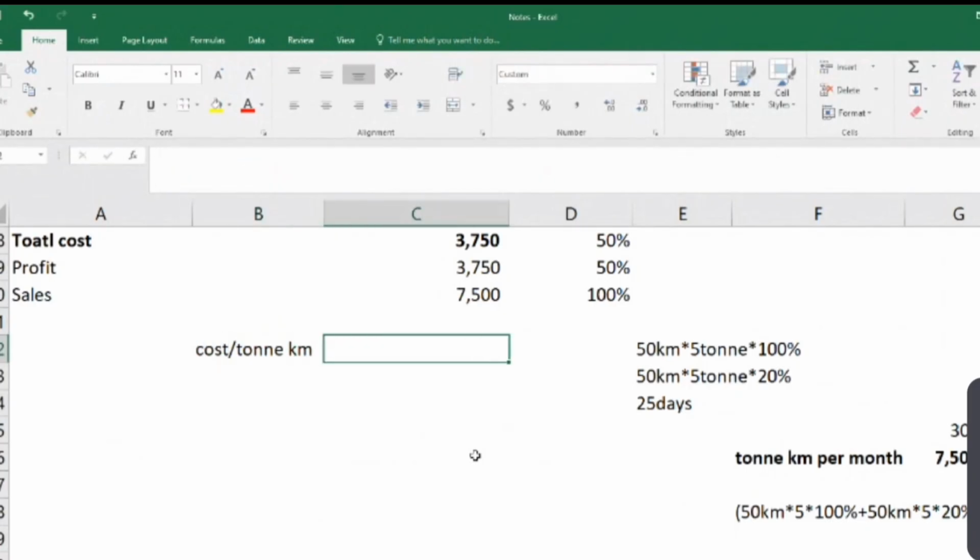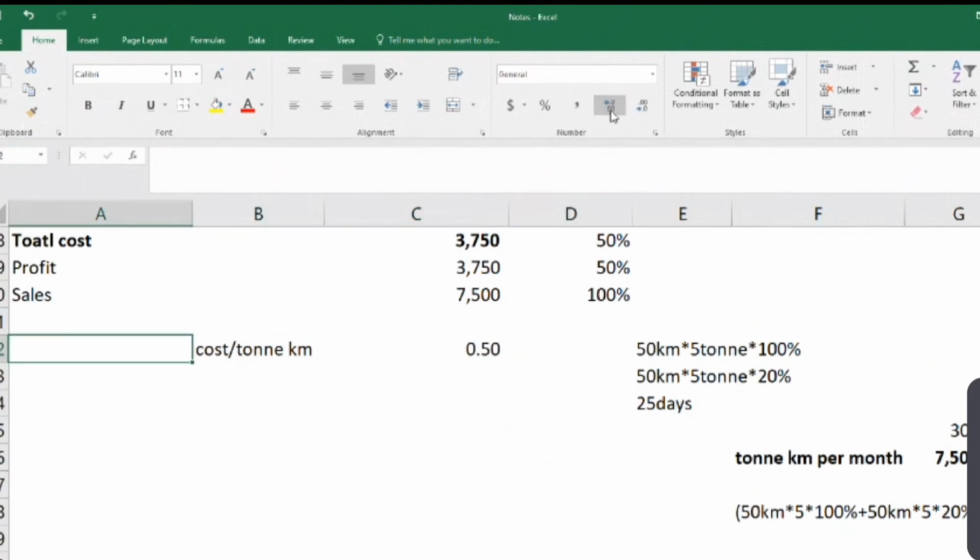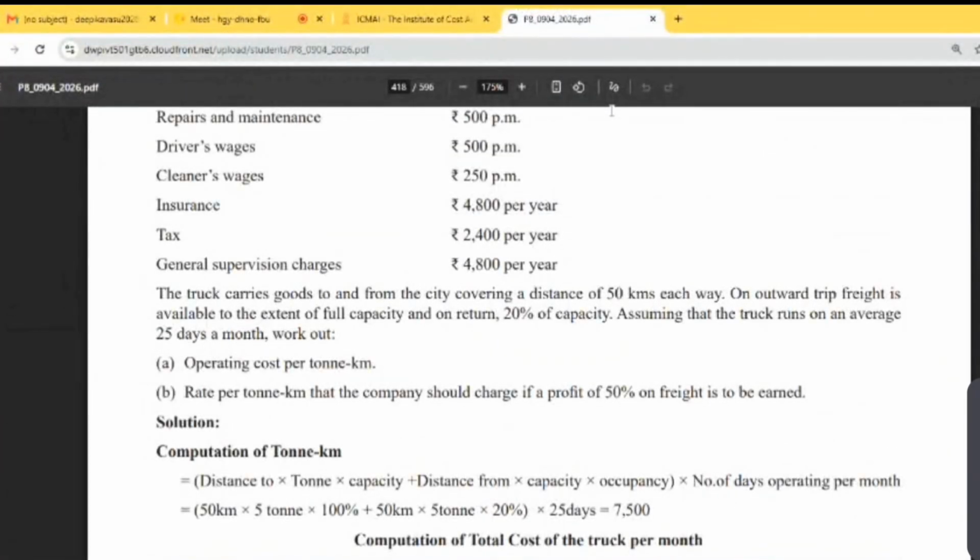So this divided by 7500, you will receive the rate they should charge, which is 0.50. So this is your solution. Okay, that's all with the transportation sum.